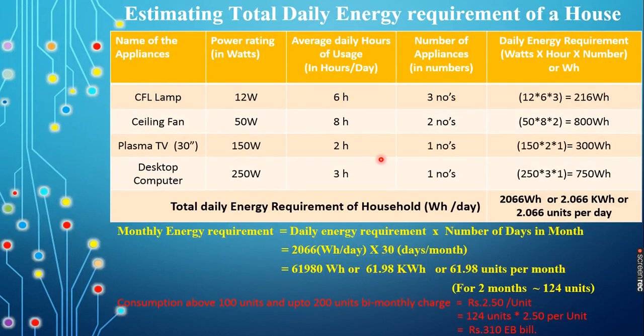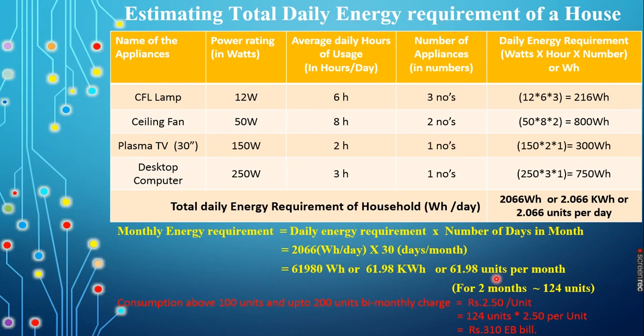Different appliances' ratings we put in these five columns. You can take any appliances as an example and mark these values: power rating, daily usage of the devices, and number of quantities. You can calculate the daily energy requirement, the total energy, how many units are consumed for a day and for a month.